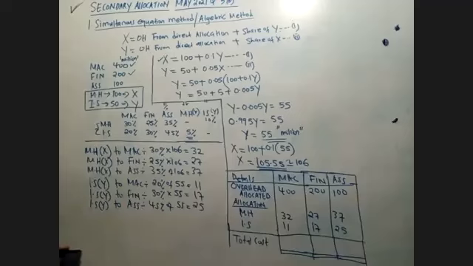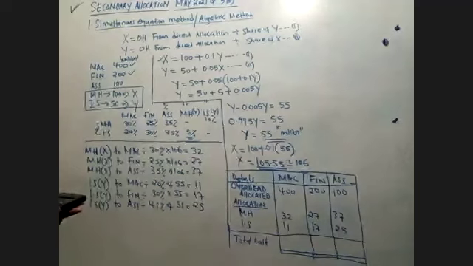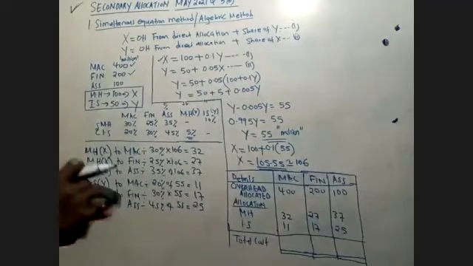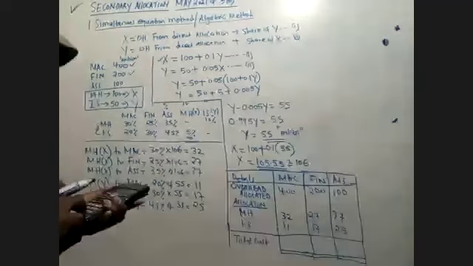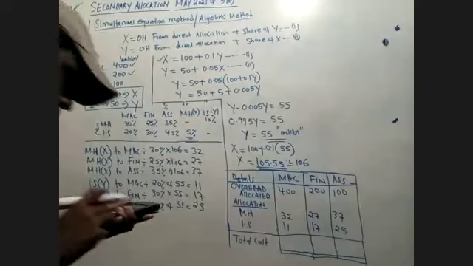I think iko sawa. So add them together. That's how you do the allocation. So itakuwa ngapi? 400 plus 32 plus 11.